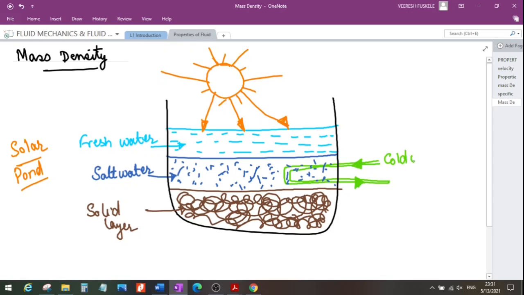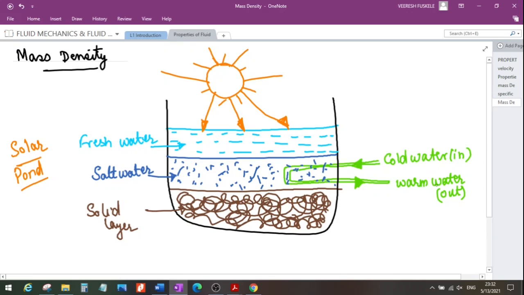So this is the cold water in, and we get the warm water at the outlet, right? So this thermal energy that is stored in the salt water layer can be extracted from it, and it can be used for space heating or other purposes, right? So this is an application of this property known as density, right?